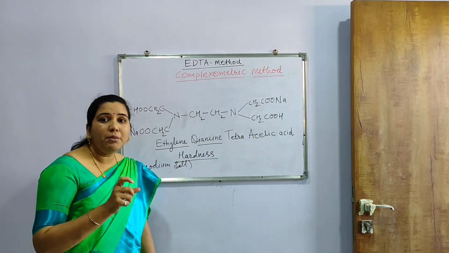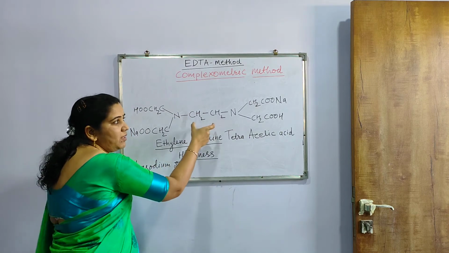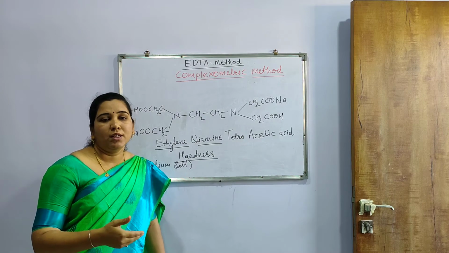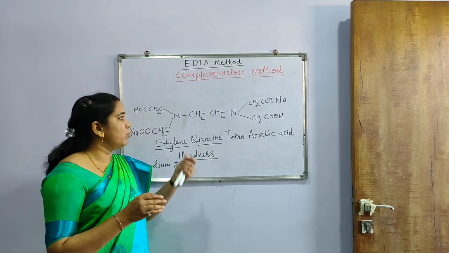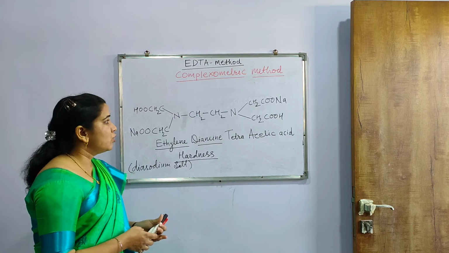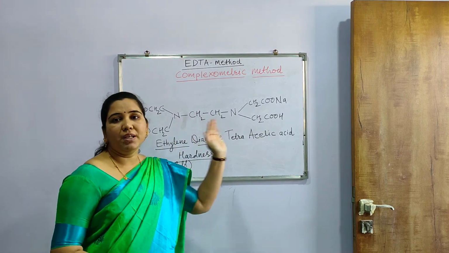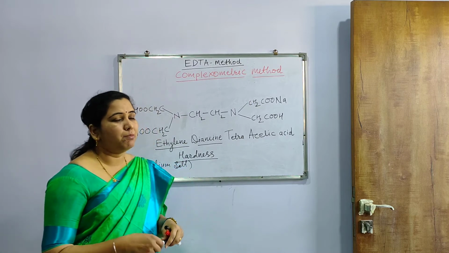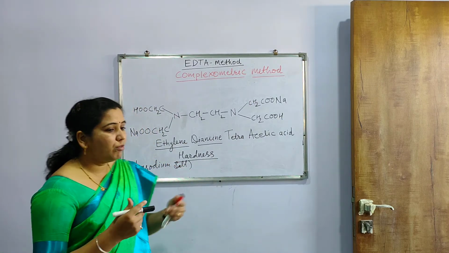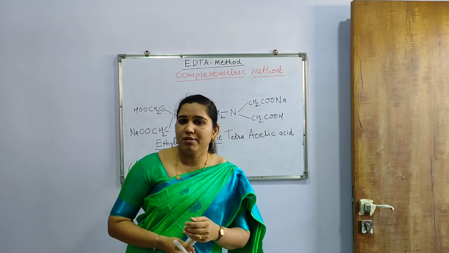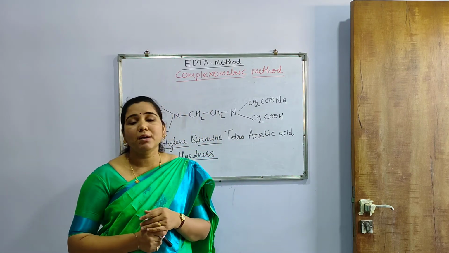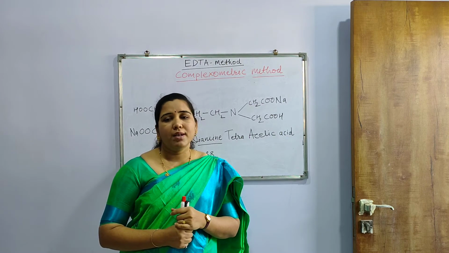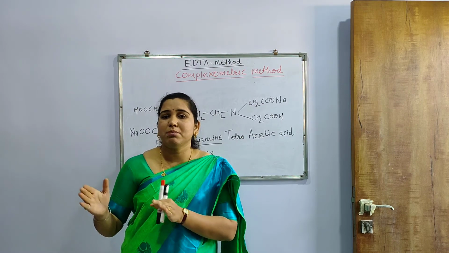Now, when any metal ion comes in contact with the disodium salt of EDTA, it forms a complex. This is the particular property of this molecule, and that's why it is used for the formation of a complex with metal ions. Now, where does this metal ion come from? As we are using this method for determining hardness, the hardness causing salts, we know, have positively charged metal ions.